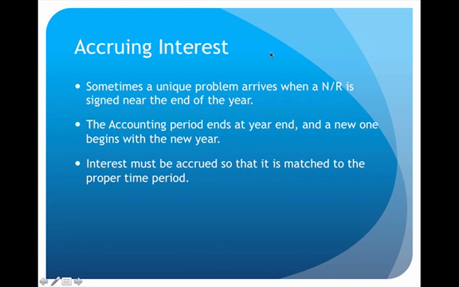Anytime we get close to the end of the year, that's always a problem for an accountant because we have certain things that started in that year that are not going to be fully resolved until the next year. So we're going to have a transaction that is spread out over 2 different years and 2 different accounting periods. Whenever that happens, we have to do some extra work and some extra journal entries in order to accrue the interest.